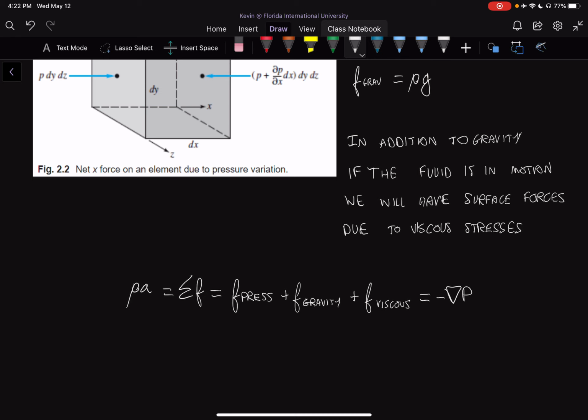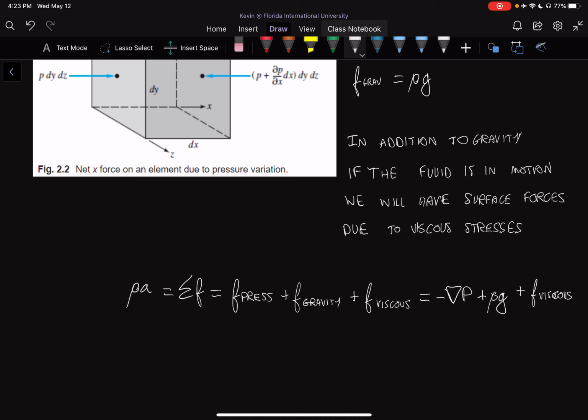We have the gradient of pressure. So the density times the acceleration is equal to the gradient of pressure, plus rho g, plus f viscous.